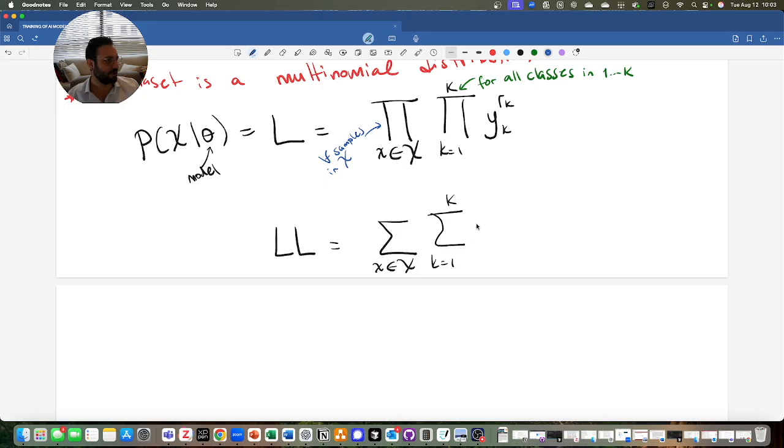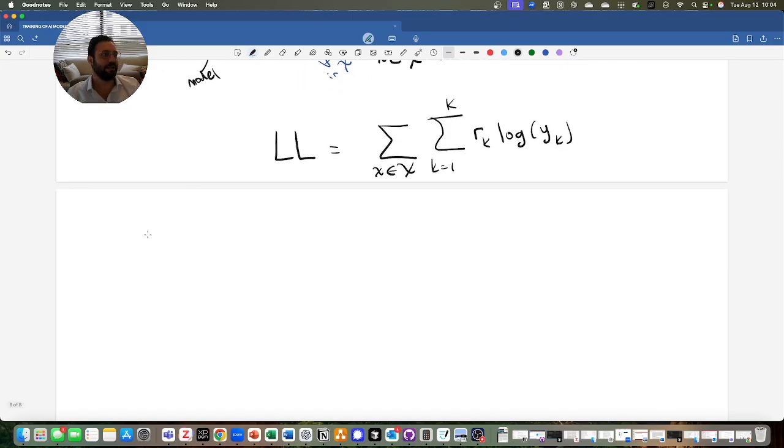If I take the log, I get r of k, log of y of k. And of course, we would like to maximize this, so our cost function then would be the negative log likelihood, which I'm going to call my cost function.